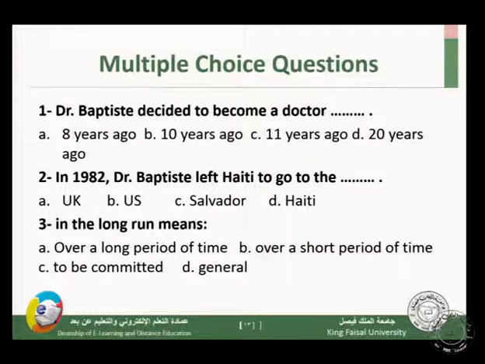Number 2, in 1982 Dr. Batiste left Haiti to go to. Is it A, UK, United Kingdom, B, US, United States, C, Salvador, or D, Haiti? Okay. Haiti we exclude, because she left Haiti; it's impossible to go back to Haiti.